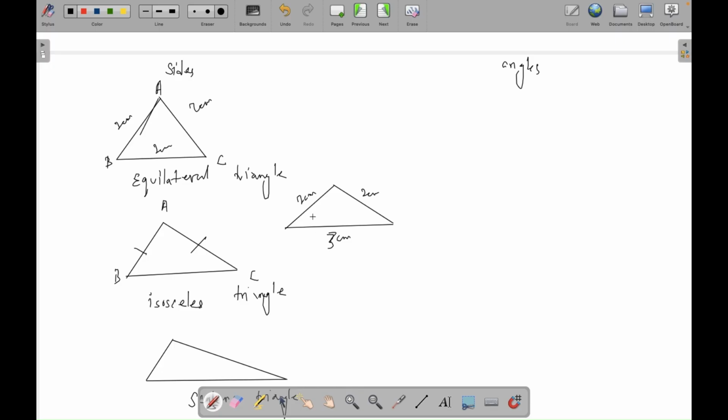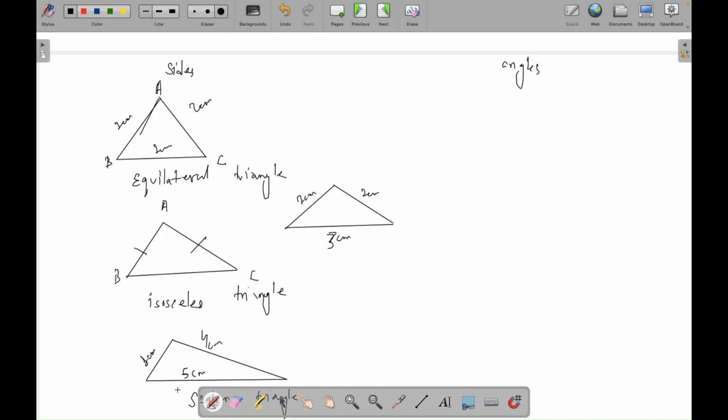You have drawn this triangle such that one line is 2 centimeter, the other line is 2 centimeter, but the third line is 3 centimeter, which means two sides are equal, but one is not equal. So that is when you have an isosceles triangle. For a scalene triangle, when you have this as 1 centimeter, this as 4 centimeter, and say this as 5 centimeter, you notice that none of these sides are equal.